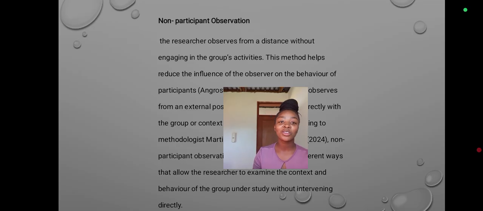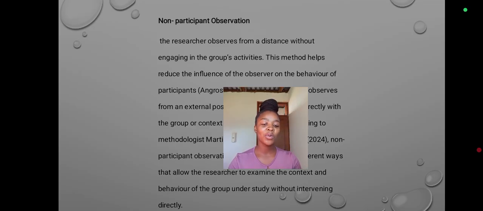Now we are moving on to the second type of observation, which is the non-participant observation. Non-participant observation is when the researcher observes from a distance without engaging in the group's activity. This method helps reduce the influence of the observer on the behavior of the participants.